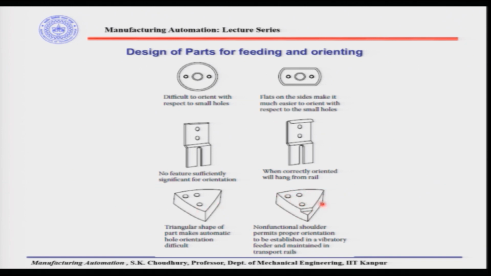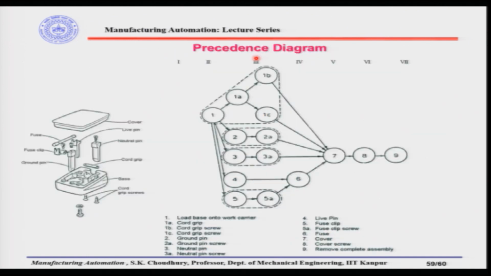So, as you understand, these small changes, here a small flat, here a kind of hook, here a small shoulder, will not change the functioning ability of these parts, but they will actually facilitate the feeding and the orientation of the parts.